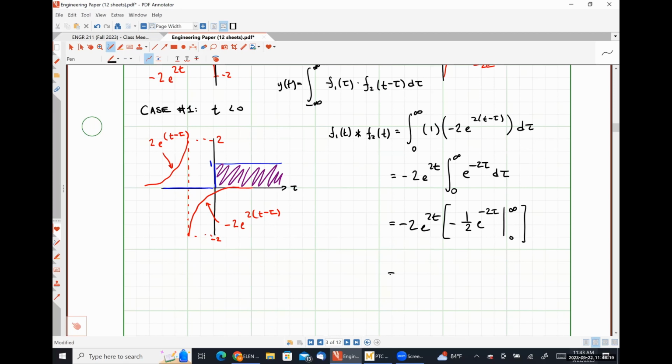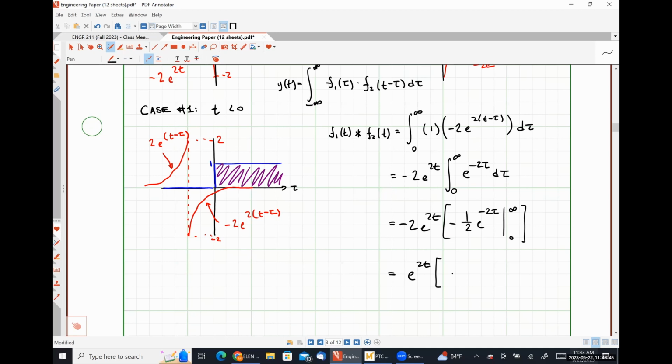So this negative 1/2 and this negative 2 cancel each other out. So that's just going to look like e to the 2t outside. And then I'm going to have, so what's e to the negative 2 tau at infinity going to look like? 0, right?